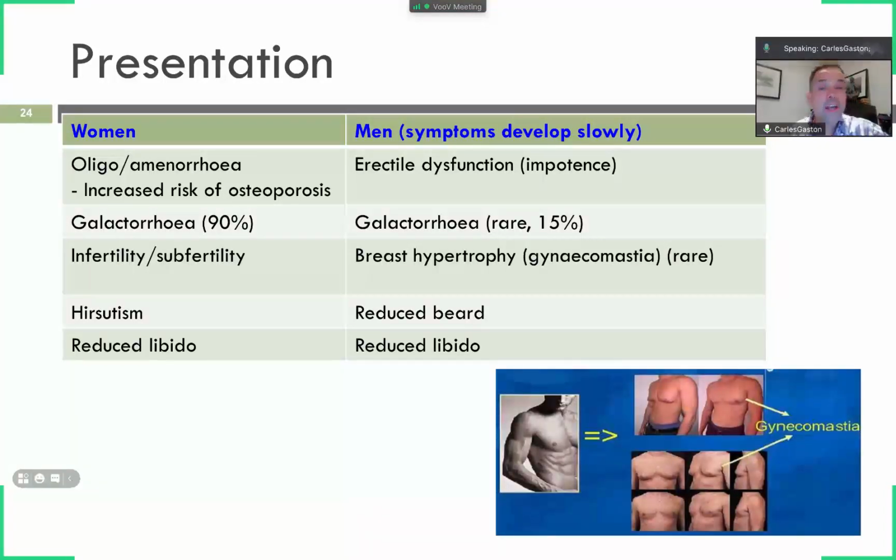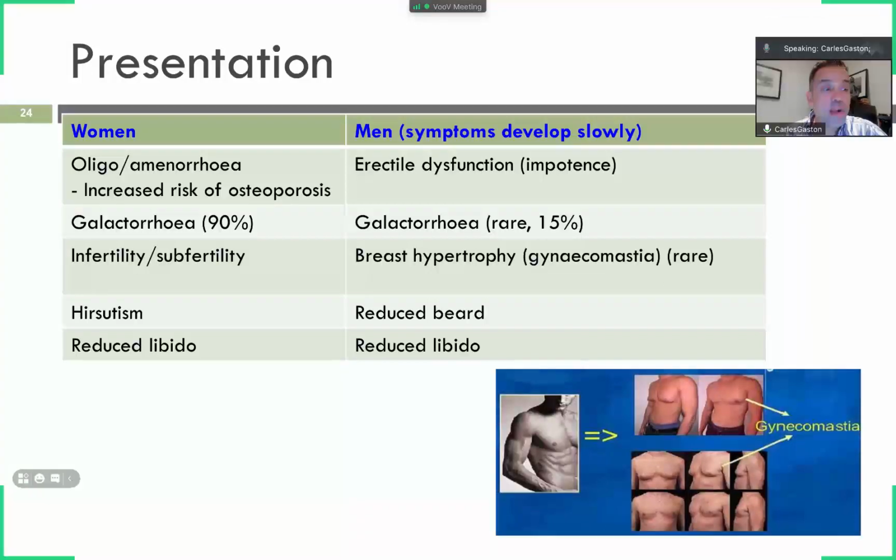And the galactorrhea presented in women can also happen in men. You can see a picture here with gynecomastia, which is an increase of the breast. So men can develop breast enlargement with increased prolactin, and this breast can secrete milk.